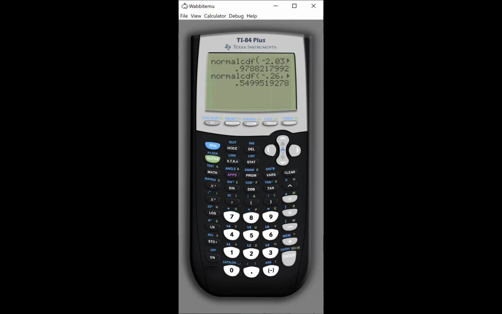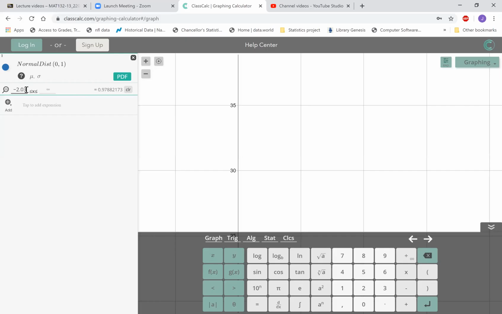So if you want to do this with ClassCalc, all I have to do is change the lower bound and the upper bound. For my lower bound, we'll change to negative 0.26. For my upper bound, we'll put 1.62.